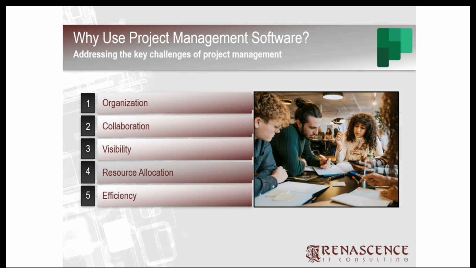Third is going to be an improvement to visibility. As a project gets more and more complex, it can become very difficult to sort of see the forest for the trees. And Planner is able to consolidate all of the smaller details into a bird's eye view to allow management to quickly identify problems and get ahead of them. It's going to give you a clearer idea of progress and help you spot those bottlenecks earlier.